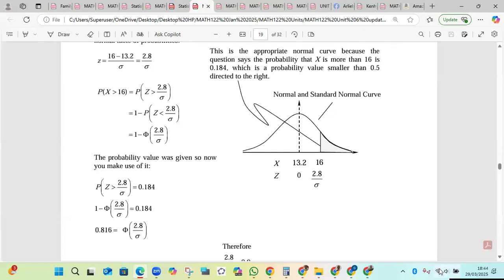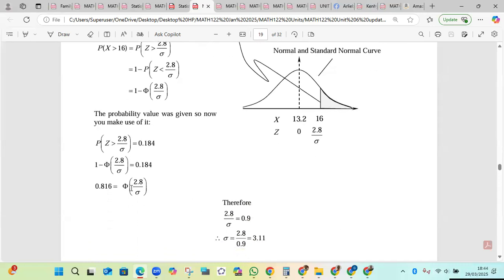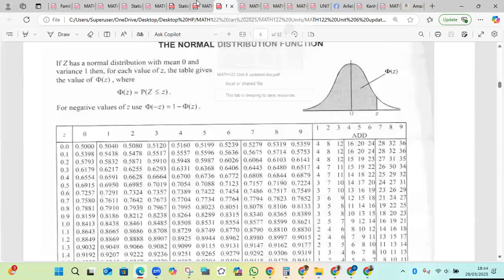Continue with the algorithm. 0.184 was subtracted from 1, and into the table 0.816 to get the Z value. 0.8159, approximately 0.816, will give us 0.9 for our Z.